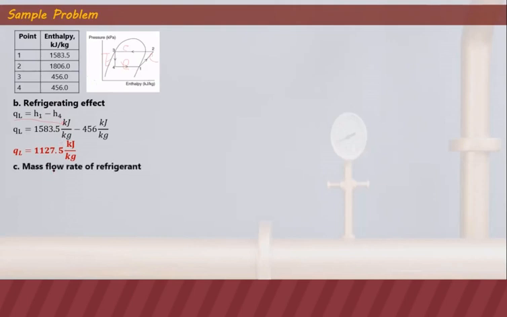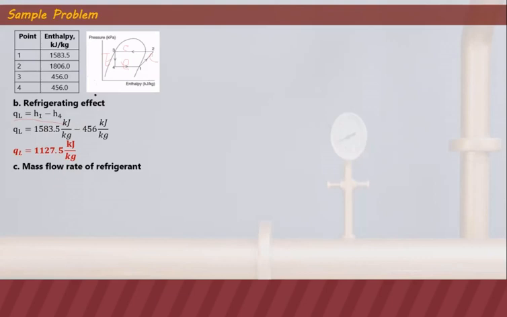Next is the mass flow rate of the refrigerant. As you can see, this is just one cycle or one loop. Therefore, by conservation of mass, the mass at point 1, 2, 3, and 4 are just the same. So we can create an analysis now at the evaporator. We know that there is a refrigerating effect here of 1,127.5, and then we are given the tons of refrigeration, which is 13 tons of refrigeration.